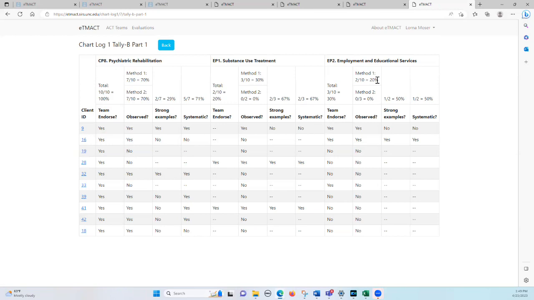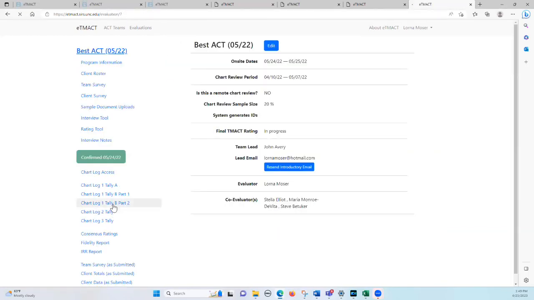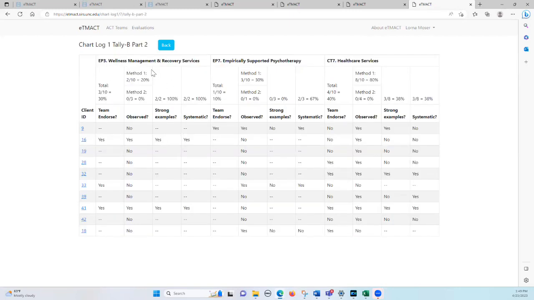If you've been trained in eTMACT, you will know that this is the information that's used in rating the full responsibility items. So CP8, EP1, EP2, and then EP3. And then these are not full responsibility items, but they're ones of interest to understand to what extent do we see this service showing up through the chart review.